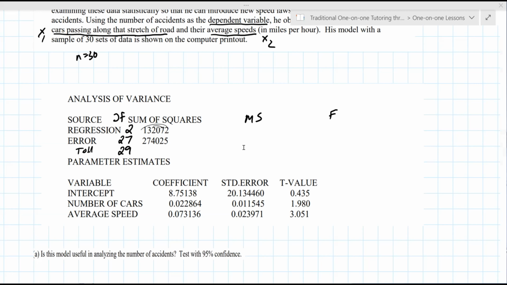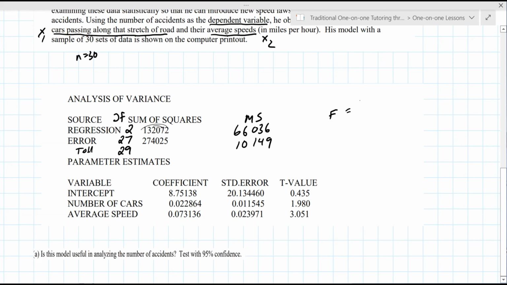So that's 66,036. And then the next one is 274,025 divided by 27, and that's roughly 10,149. Your F value you get from dividing those 2 numbers.